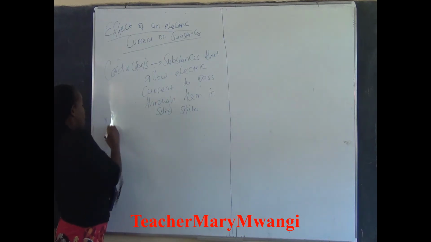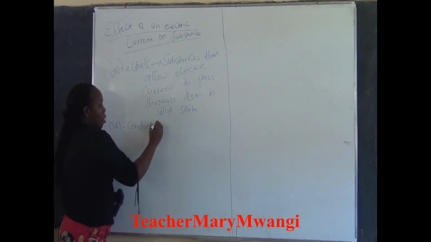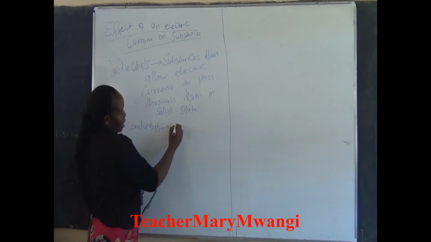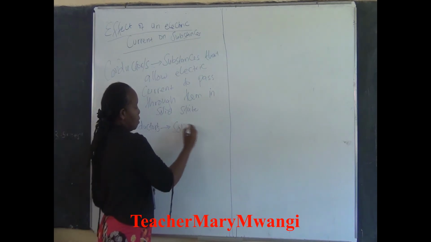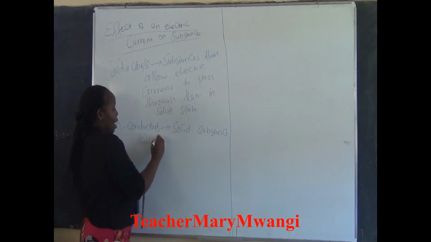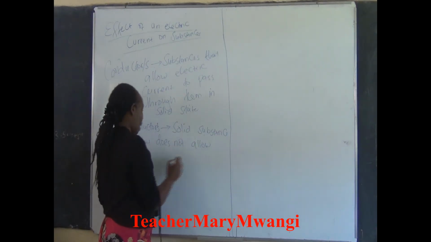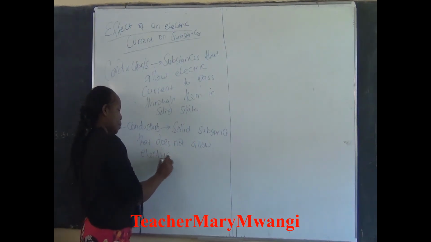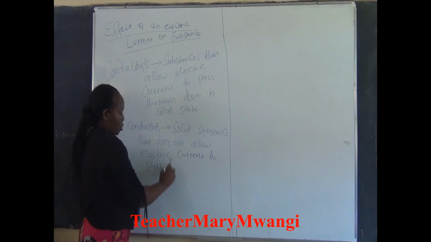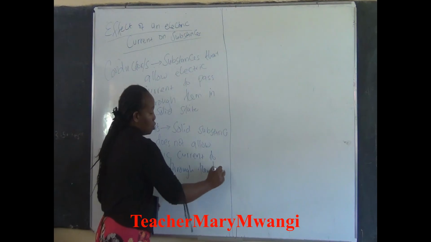What about non-conductors? Now, a non-conductor is a solid substance that does not allow electric current to pass through them, or if it is one, through it.